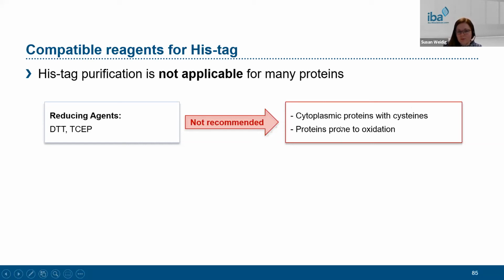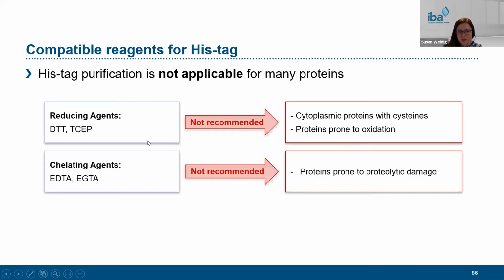And if your protein is prone to oxidation, you can also not protect it with DTT. And during the cell lysis, you will have oxidation of your target protein.